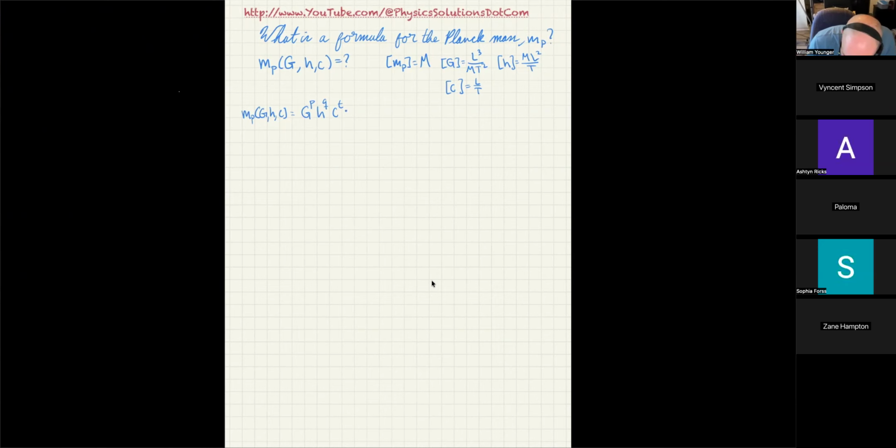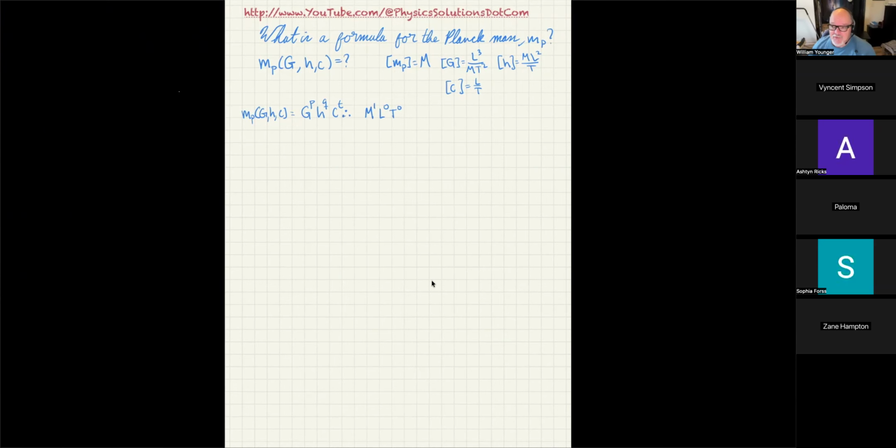So to implement that, I'm going to write the dimension of m sub p on the left, which is just M to the 1 power. And now we're also going to have L and T, so that means L has to be to the 0 power because it's not going to appear in the mass, and T has to be the 0 power. That's the only part that's kind of tricky here.